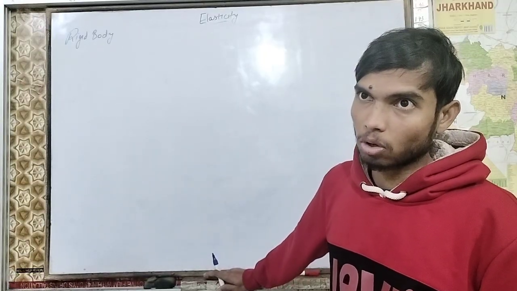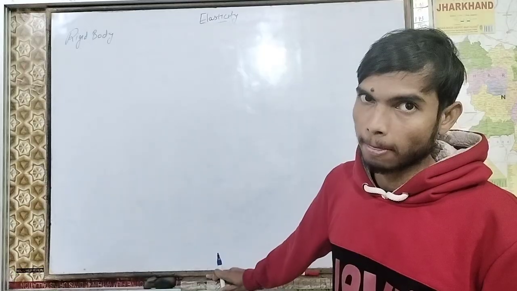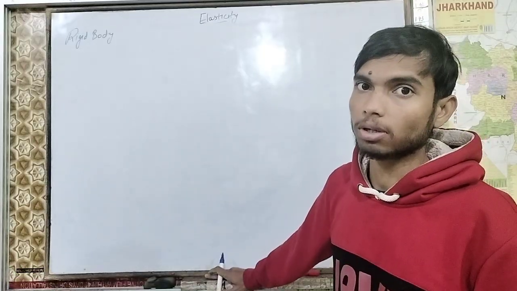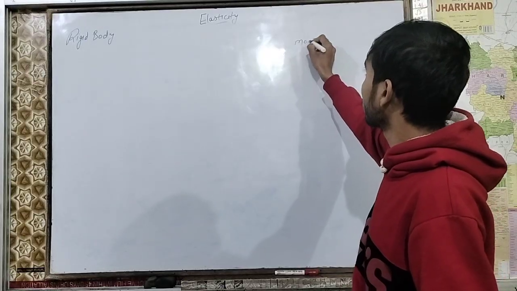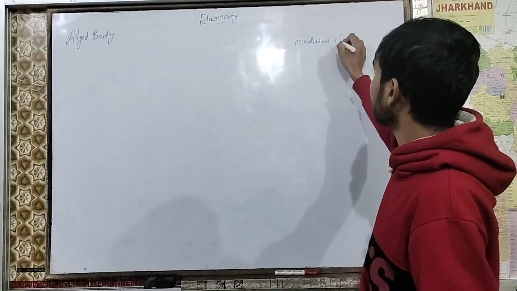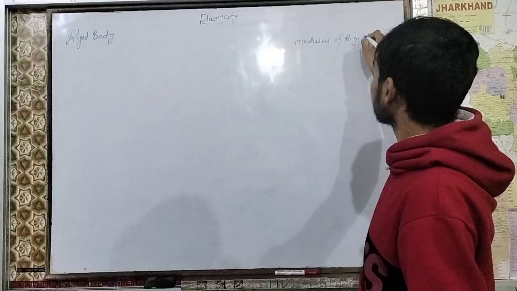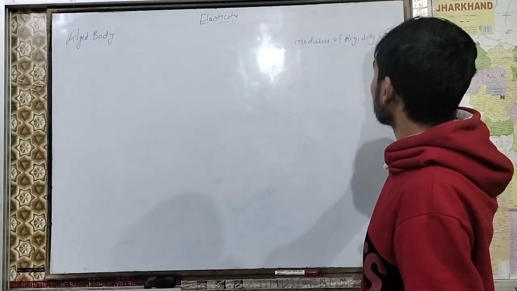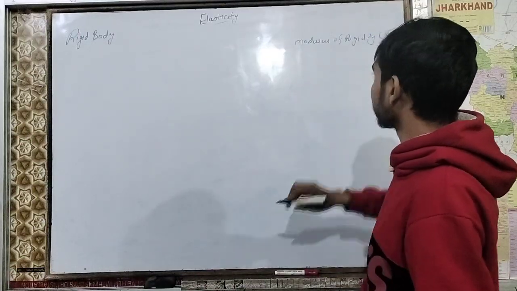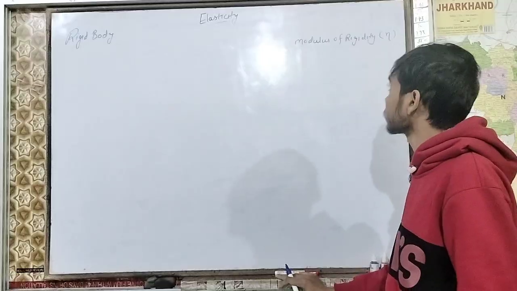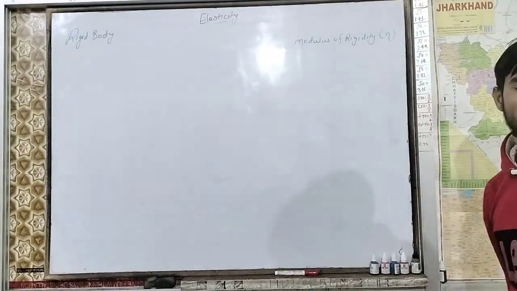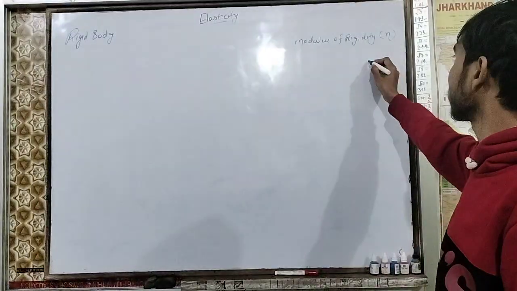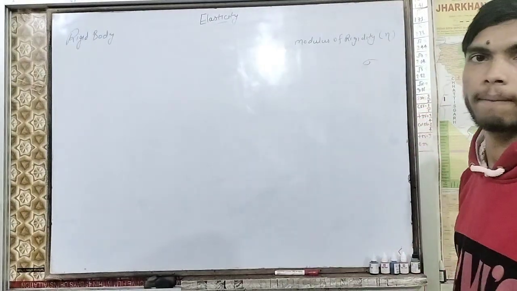After bulk modulus of elasticity, we saw modulus of rigidity, which is denoted by n. Then we saw Poisson's ratio, which is denoted like this.